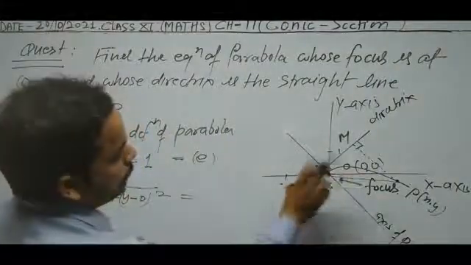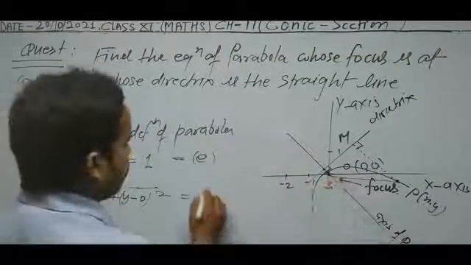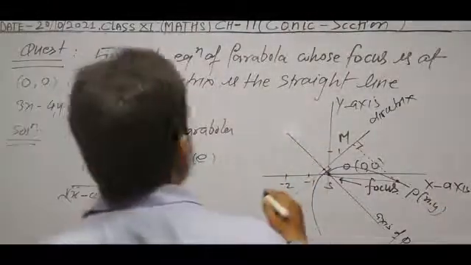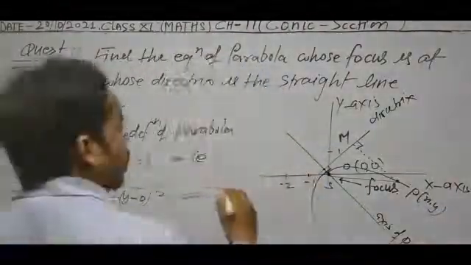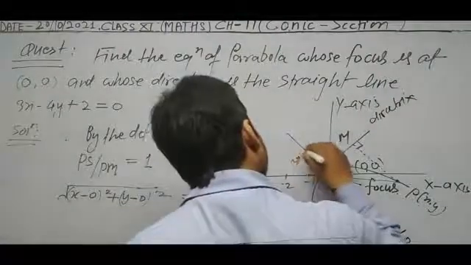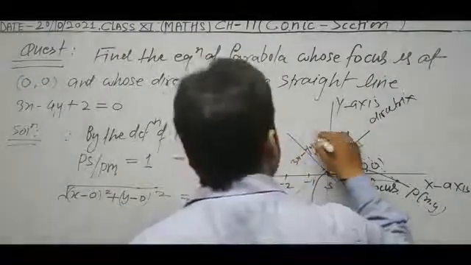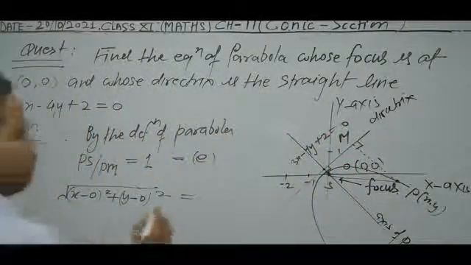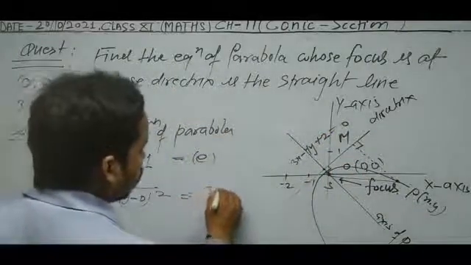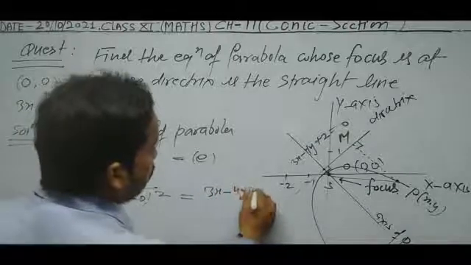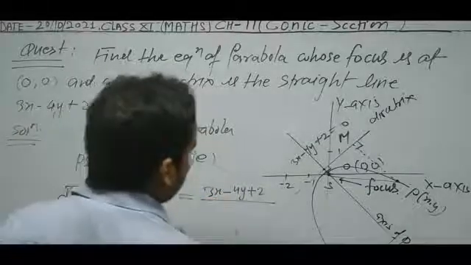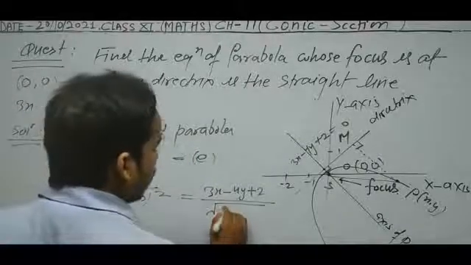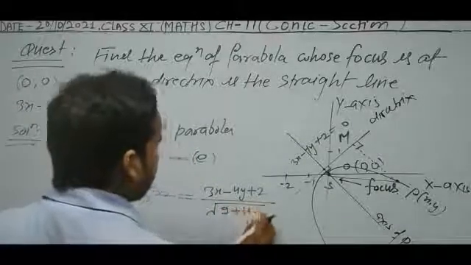PM is the length of the perpendicular drawn from P on the line 3x minus 4y plus 2 is equal to 0. This will be equal to (3x minus 4y plus 2) whole upon the square root of 3 square, 9, plus 4 square, 16, which is 5.